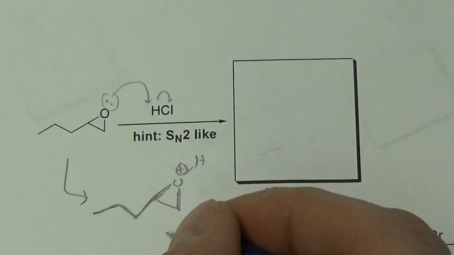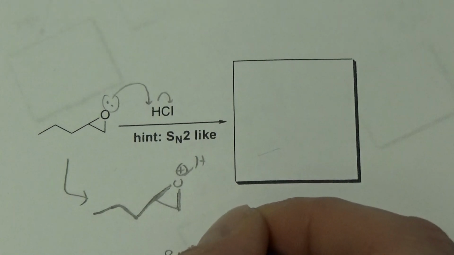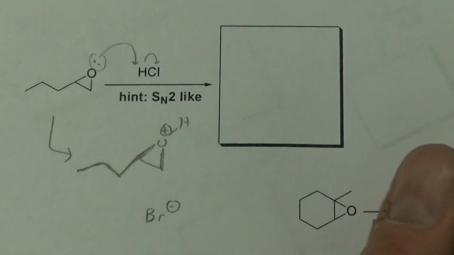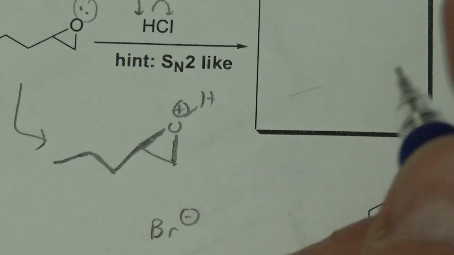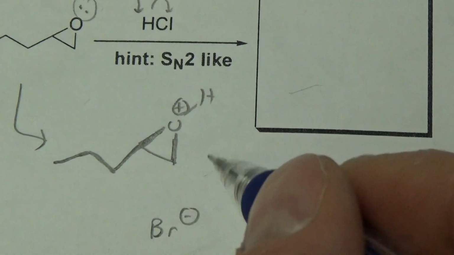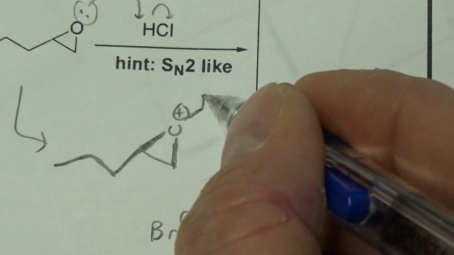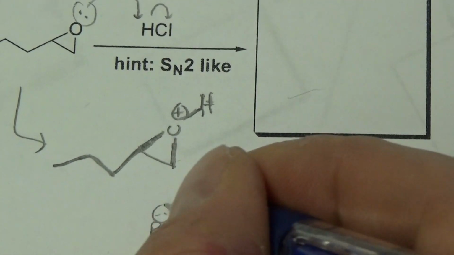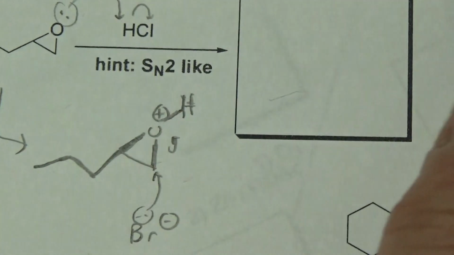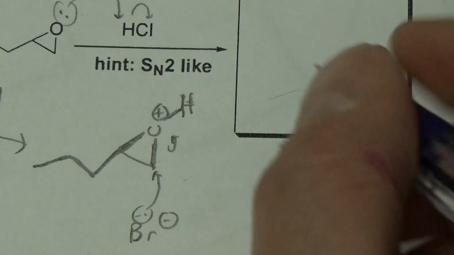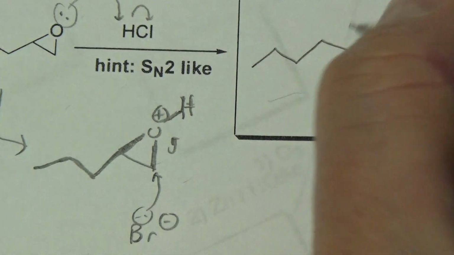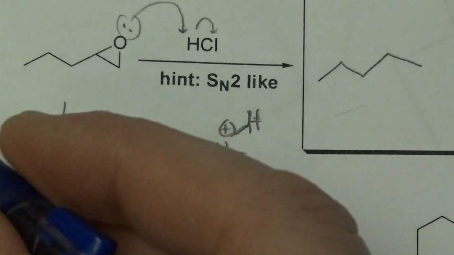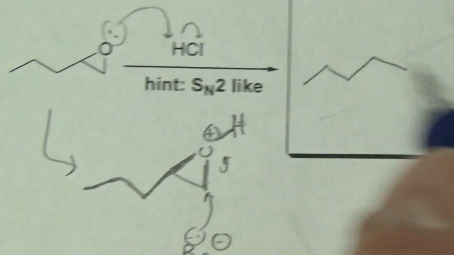Okay, so now in an Sn2-like cleavage, Br minus is going to attack the left side or the right side of the epoxide. It's going to attack the least hindered side. Attack the right side. Sn2 attacks the least hindered side, opens it up, and now you get, those are the carbons, right? 1, 2, 3, 4, 5.